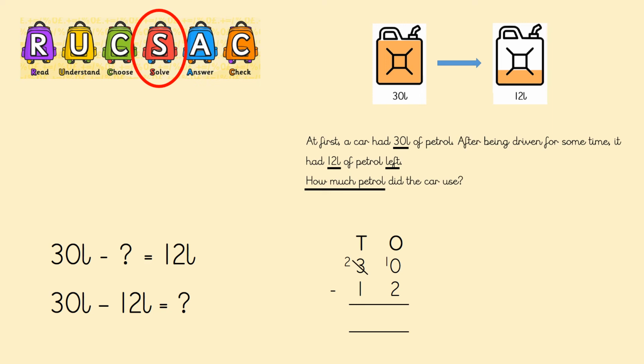So now I've got 10 ones, take away 2 ones. 10 take away 2 equals 8. Now I can go to my tens. 2 tens, take away 1 ten, leaves 1 ten. So my answer for 30, take away 12, is 18.